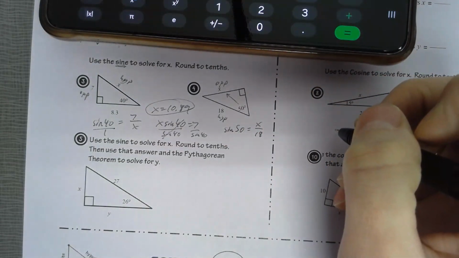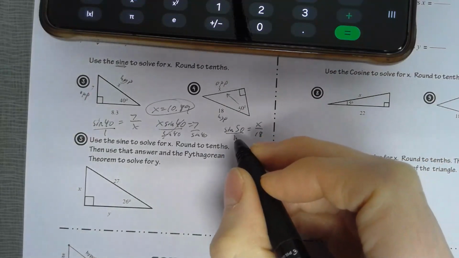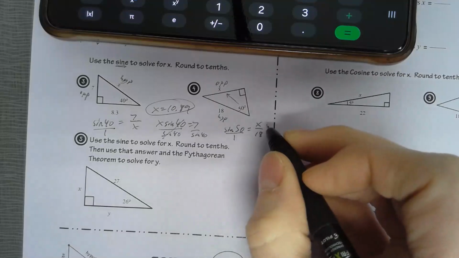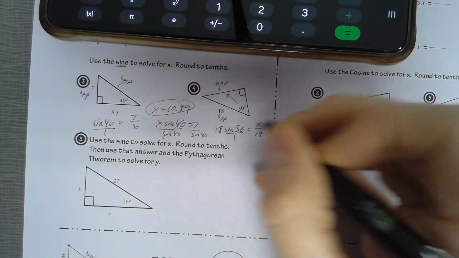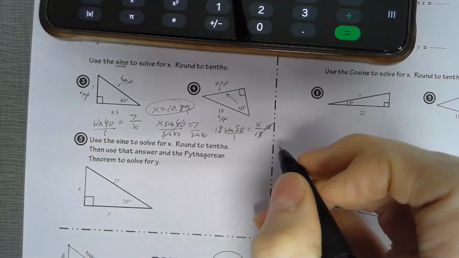X over 18. And we can think of this in the same way, put that over 1. In this case, when we do the cross products, x times 1 is just x, and you can just multiply by 18. So 18 times the sine of 50.